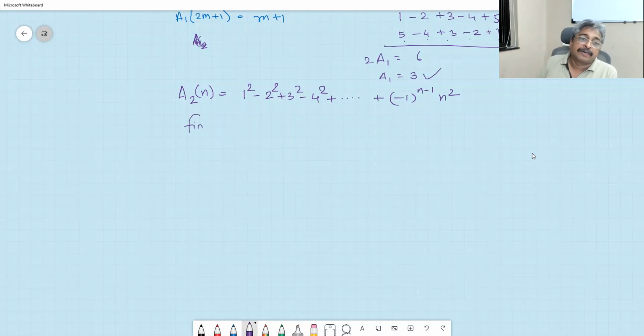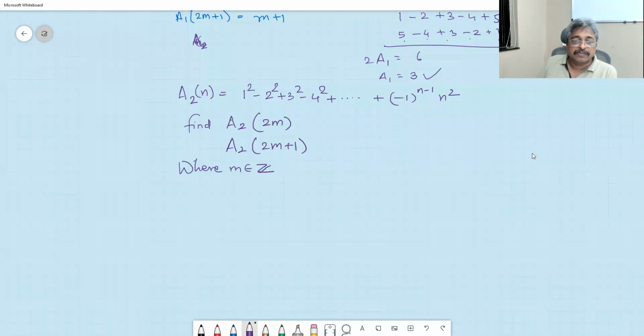Find A2 of 2m and A2 of 2m plus 1, where m belongs to positive integers, natural numbers. Show me these answers.